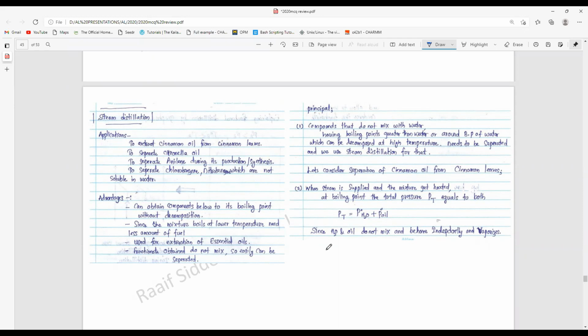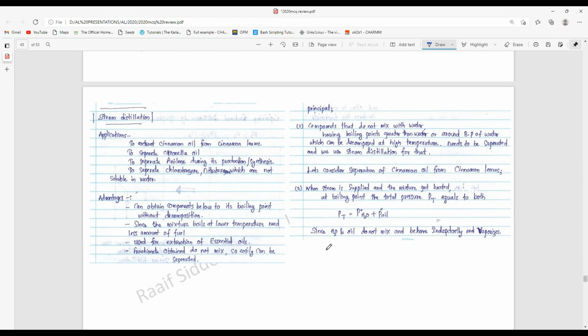Now here, you have water as well as oil. So when you heat it, water molecules also evaporate independently. Oil molecules also evaporate independently, and they also contribute to the vapor pressure. So in which case will it take the minimum temperature to get this boiling?